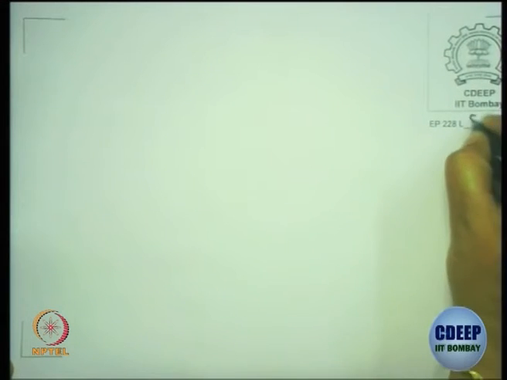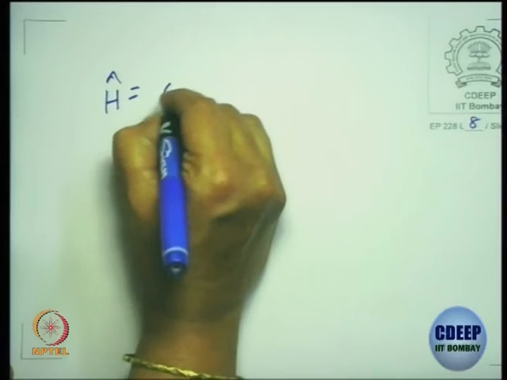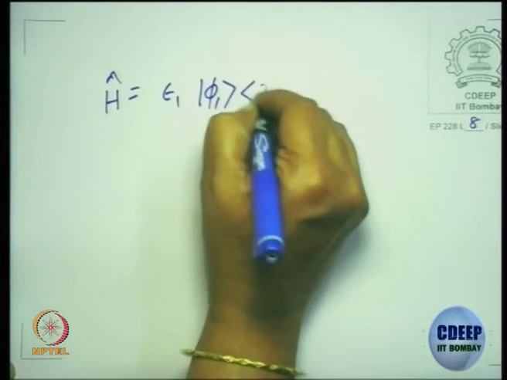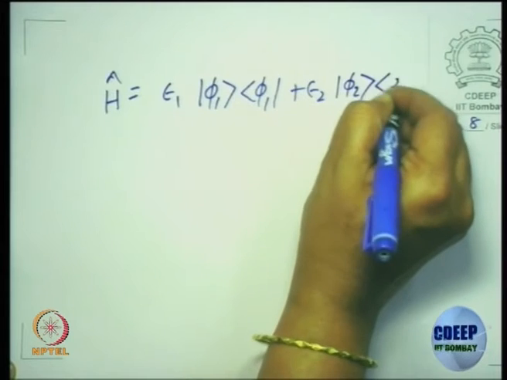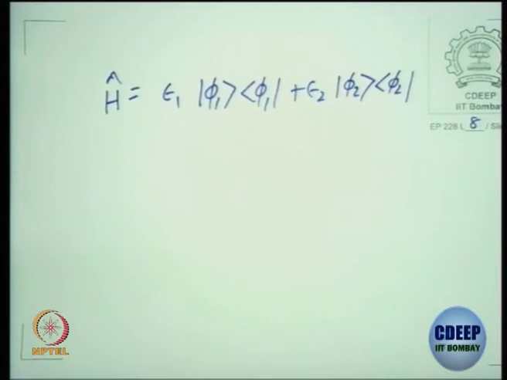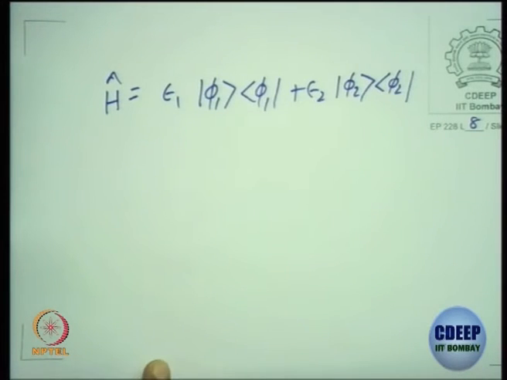So, suppose I give you that the Hamiltonian is epsilon 1 phi 1 phi 1 plus epsilon 2 phi 2 phi 2. What does this mean? These two are like the projection operators. There are no cross terms.